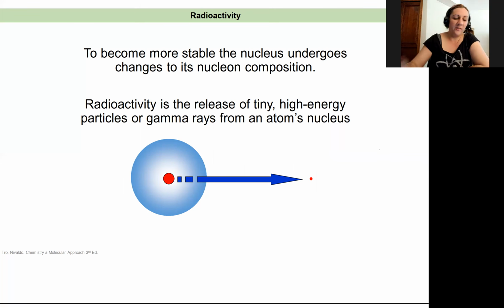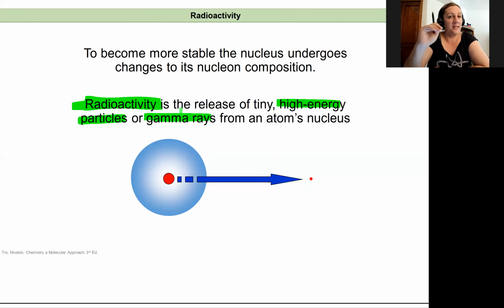And so that's what radioactivity is. Radioactivity is those small little particles that have a lot of energy, or just energy waves, gamma rays specifically. And a gamma ray is any burst of energy that is coming from an atom's nucleus as it undergoes a decay.